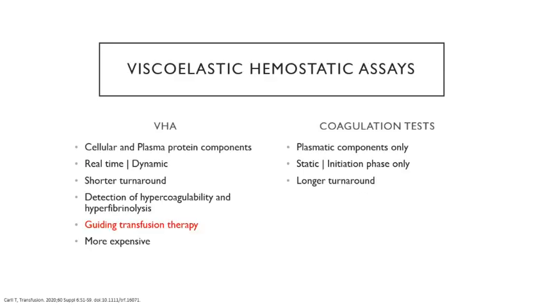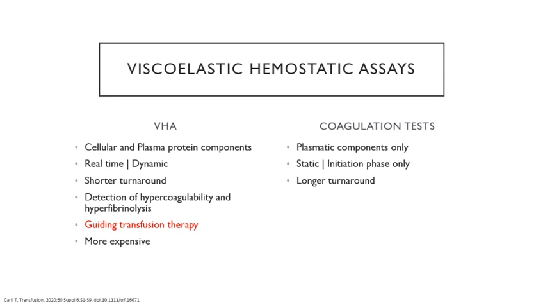Viscoelastic hemostatic assays evaluate the entire clotting process, including clot strength and stability, while conventional coagulation tests focus on specific coagulation factors and phases of the coagulation cascade. Viscoelastic hemostatic assays provide results in real time, enabling immediate clinical decision making, whereas coagulation tests often have delayed results.